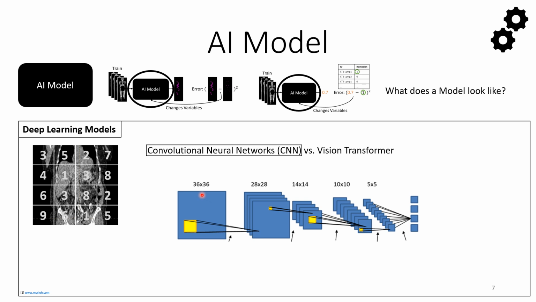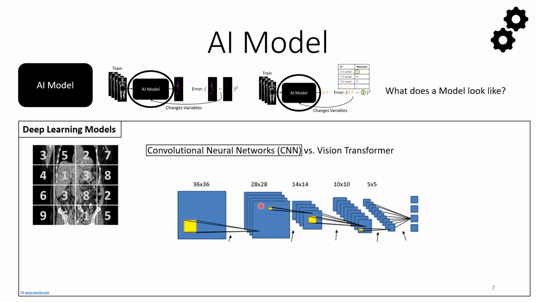Then we get our new values, and this gives our new image, which is a little smaller. Here we have 4 different kernels with 4 different variables. We repeat this 4 times, and this gives us 1, 2, 3, and 4 new images.